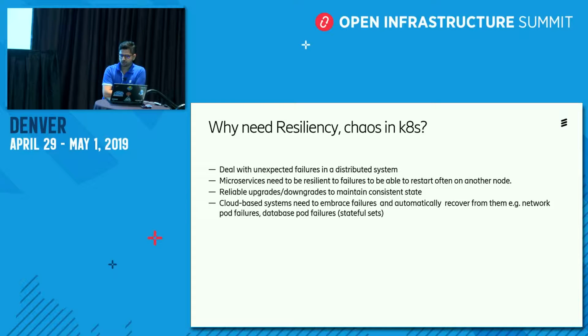This also ensures that upgrades and downgrades are more reliable, and we can confidently do them without needing to worry about what would happen in case of failure. So the testing would give us that confidence before production.